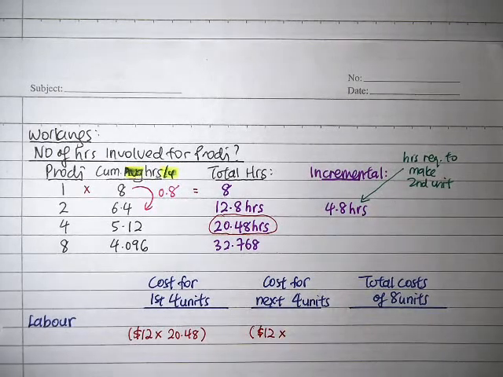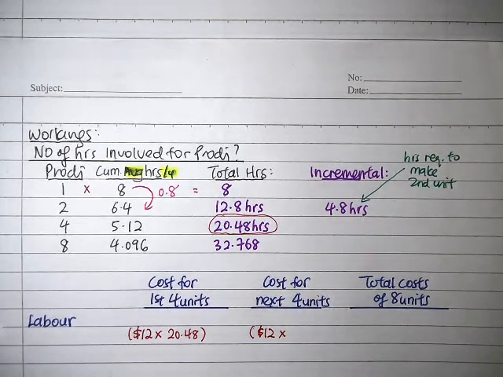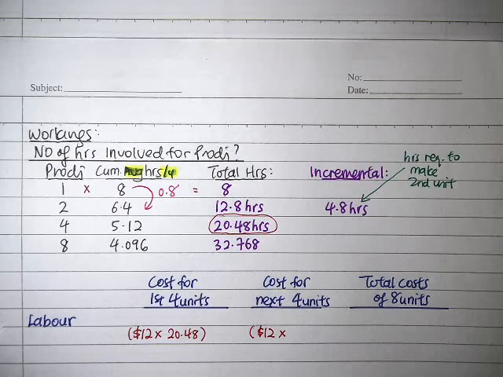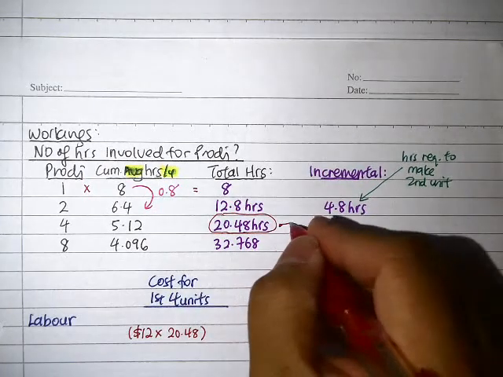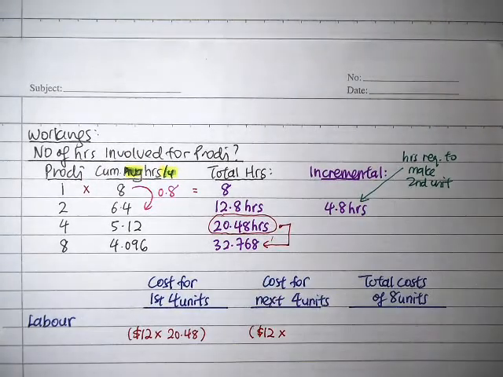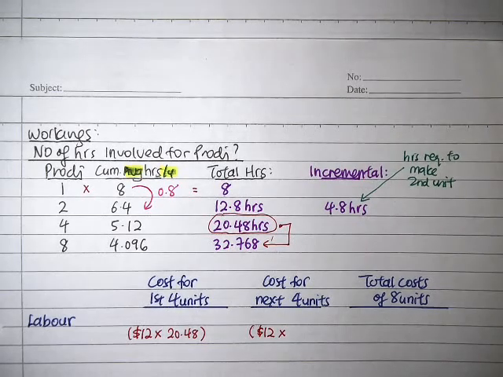But when it comes to the next 4 units, the hours taken will actually be the incremental from 20.48 to 32.768.